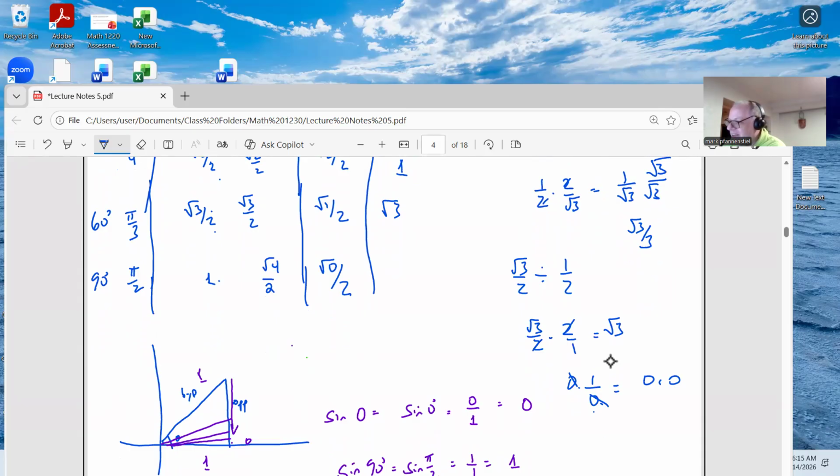I'm going to say 1 is equal to 0 times 0. You're like, that doesn't seem right. No, it doesn't. That's why it doesn't work. So we're going to say this line is undefined because we're dividing by 0. All right. We'll talk a little bit about that later in the course. So it will still be undefined, but you'll have more of an intuitive sense about what's happening as we go through it.